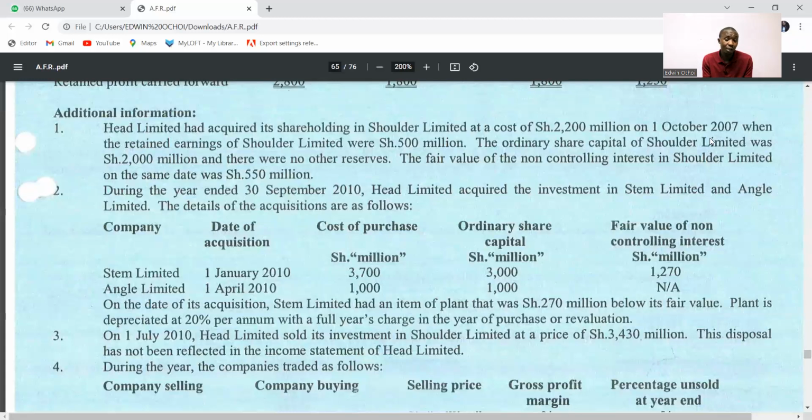STEM was acquired in January 2010 and Anchor in April 2010, which is before July, when they disposed of Shoulder. So all 3 companies, Shoulder, STEM, and Angle, were present before Shoulder was disposed. That is what we need to do first, by showing the relevant structure.